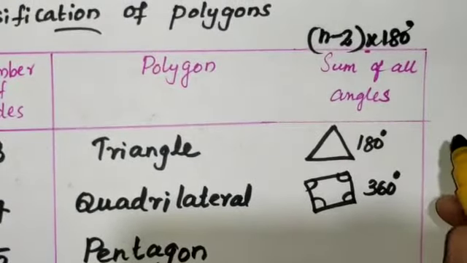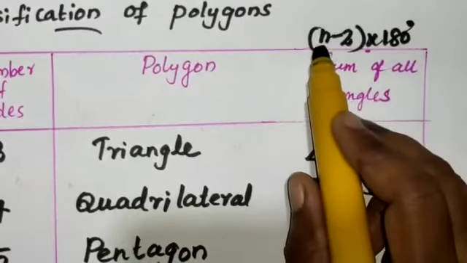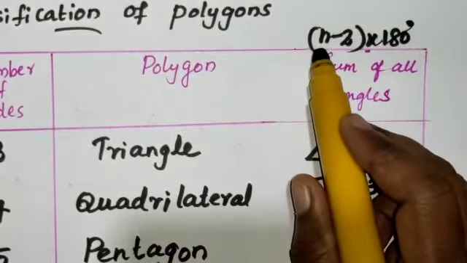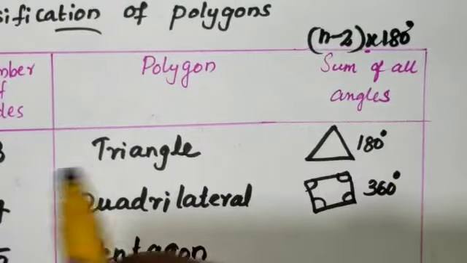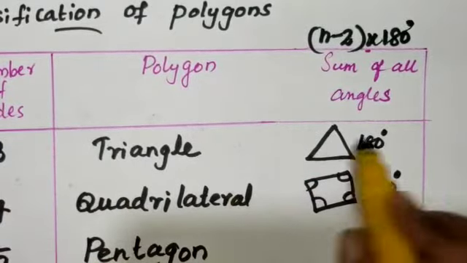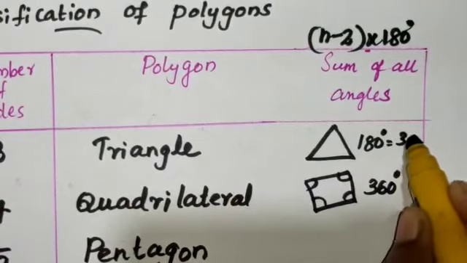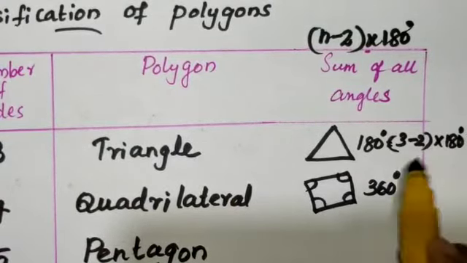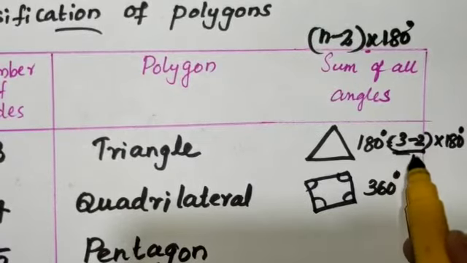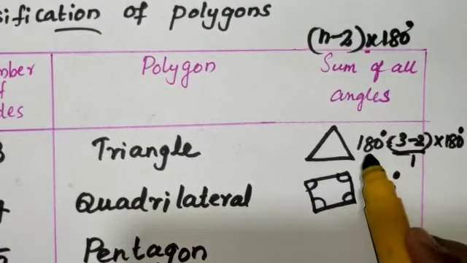Let's first look at the triangle. n means the number of sides. In a triangle, the number of sides is 3. So, (3 minus 2) into 180. 3 minus 2 is 1. 1 into 180 is 180 degrees.